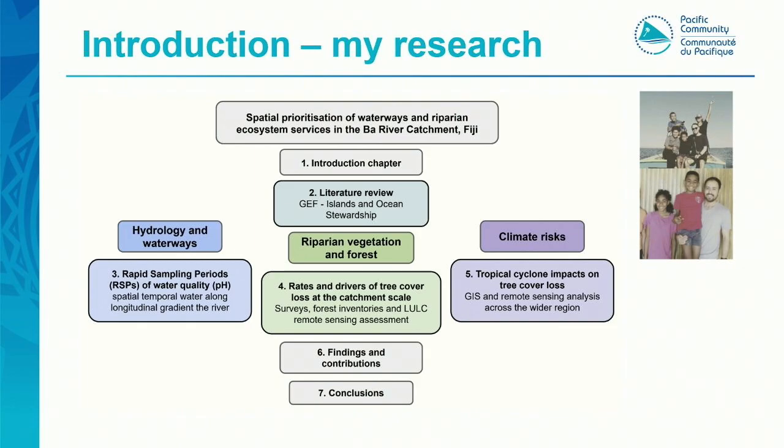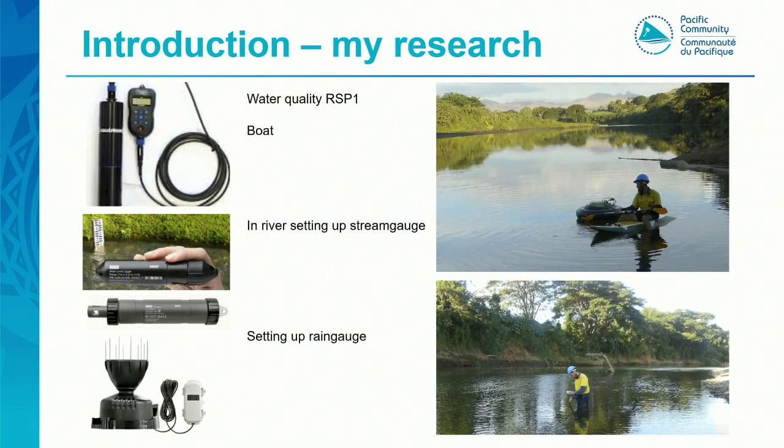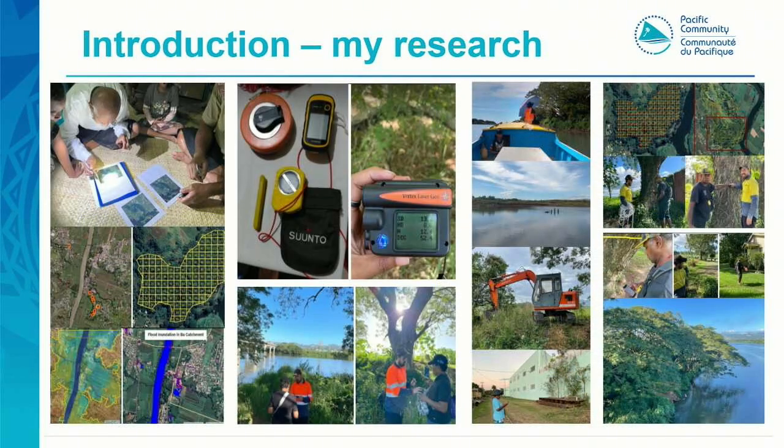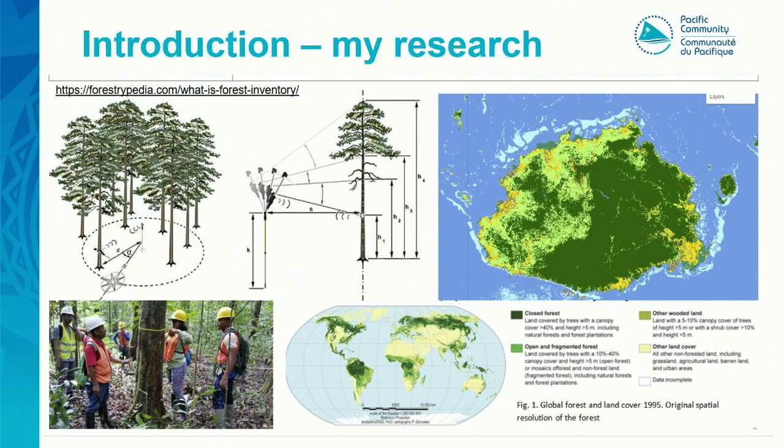But in essence, a lot of my work just involved paddling around in the river, collecting water quality data, doing a lot of water quality and hydrology equipment setups, and monitoring the hydrology of the catchment, as well as a lot of forestry work, a lot of forest inventory measurements. This led into some carbon stock assessments, and that involved land cover assessments as well.